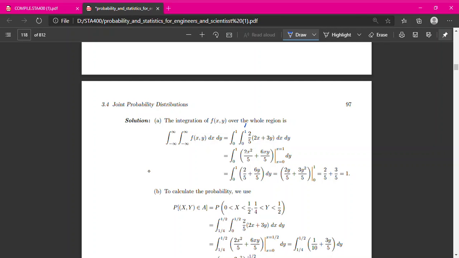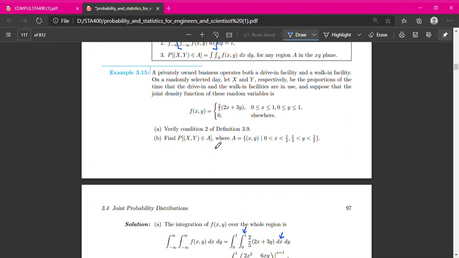The limit for x depends on the interval for x, which is 0 and 1, so the limit here will be 0 and 1. And for dy, the interval will also be 0 and 1. Here they are the same because the intervals are the same.